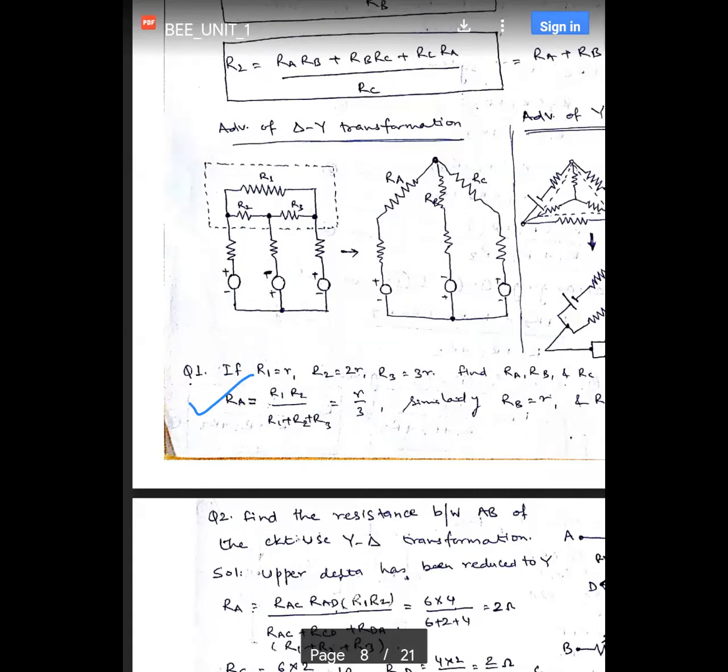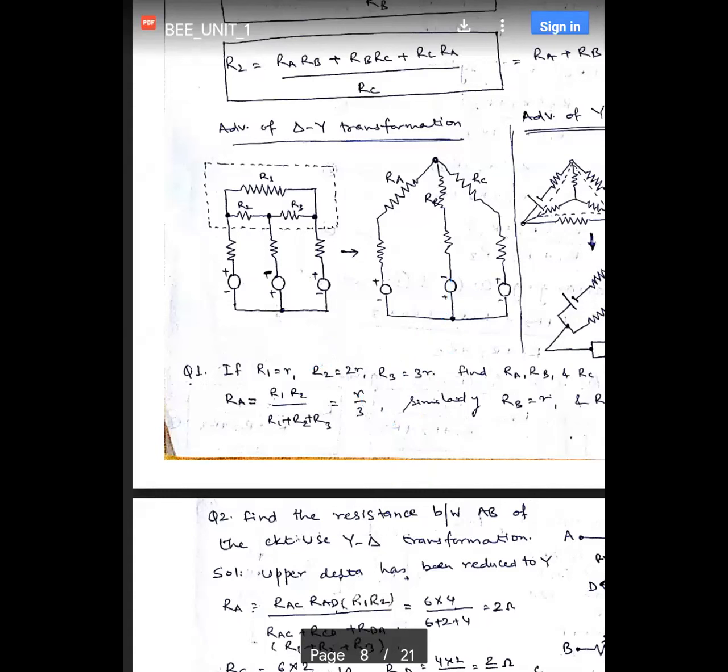Again, you might say that it is not looking like a star, isn't it? But it is just your perception to identify that this is a star, because in the last class we studied how to identify a star: there is a common node and different branches are connected to this common node, then you can say that this is the star.